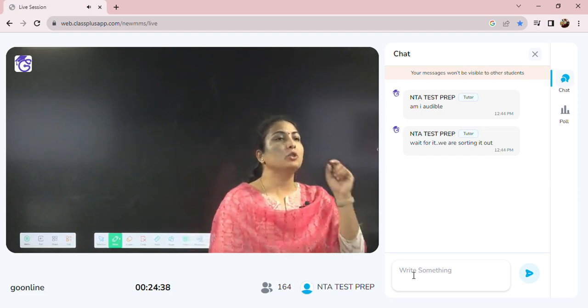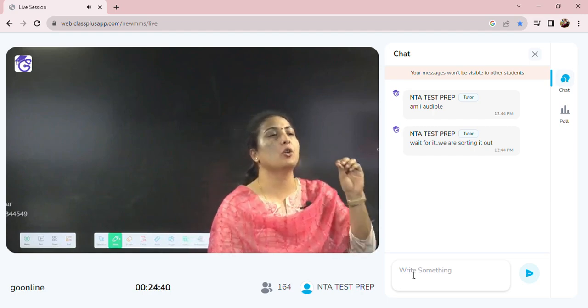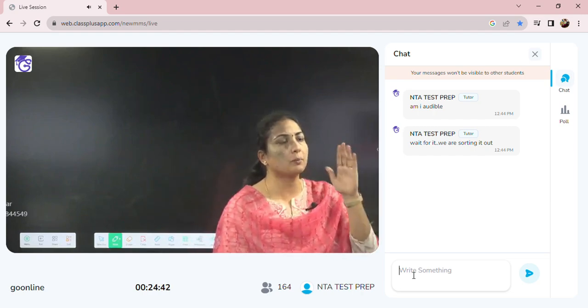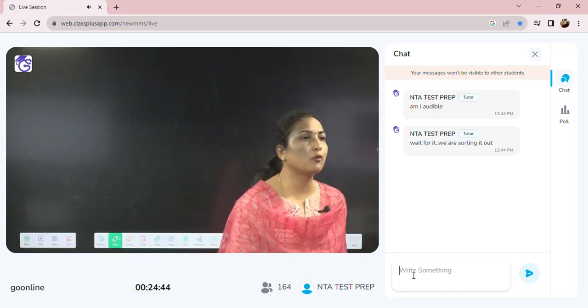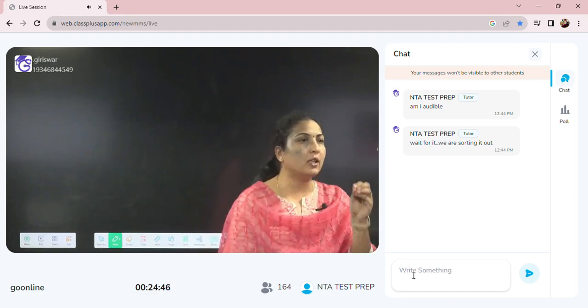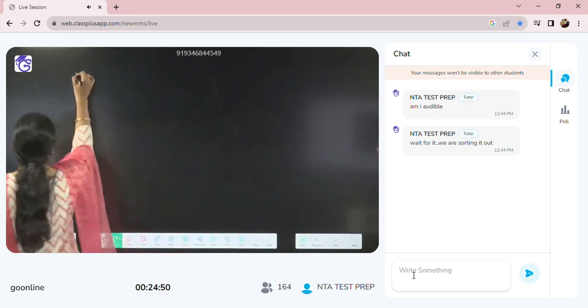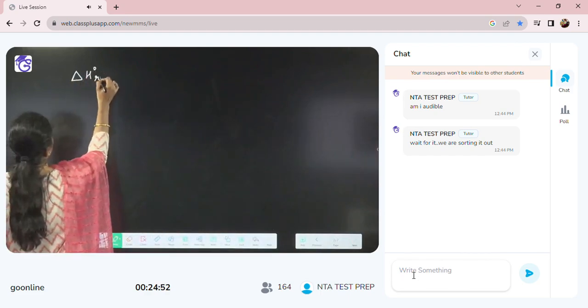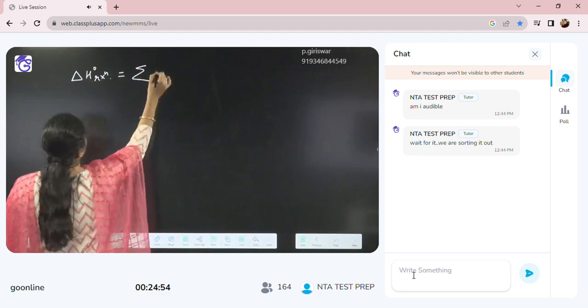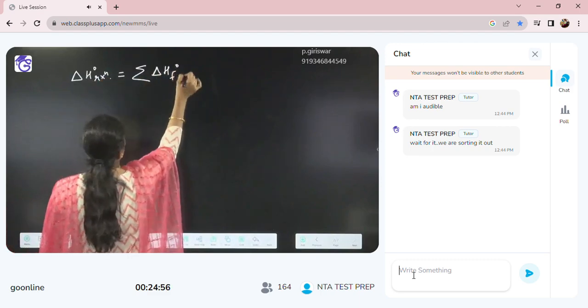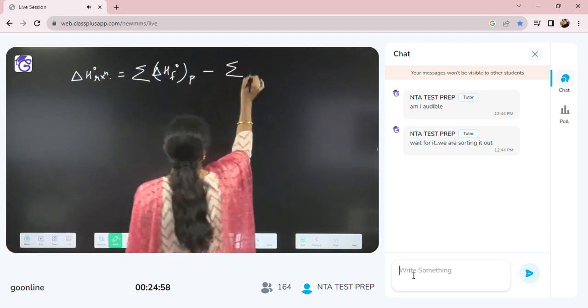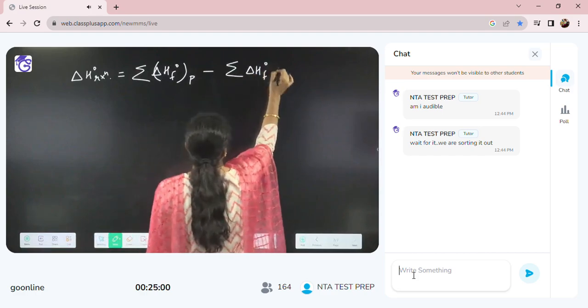So at that time, you can easily do summation of standard enthalpy of formation of the product minus standard enthalpy of formation of the reactant and find out the enthalpy change in that reaction. So I'm going to write down here the formula: delta H naught for the reaction is equal to summation of standard enthalpy of formation of the product minus standard enthalpy of formation of the reactant.